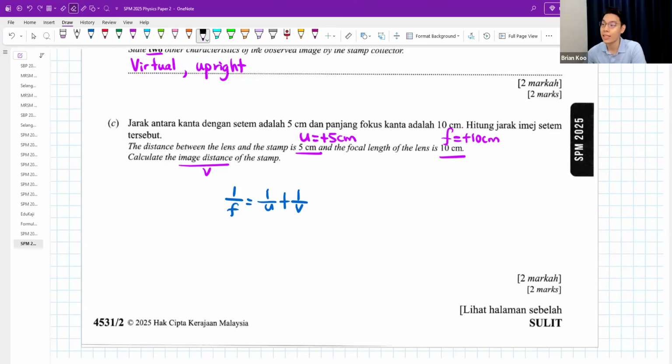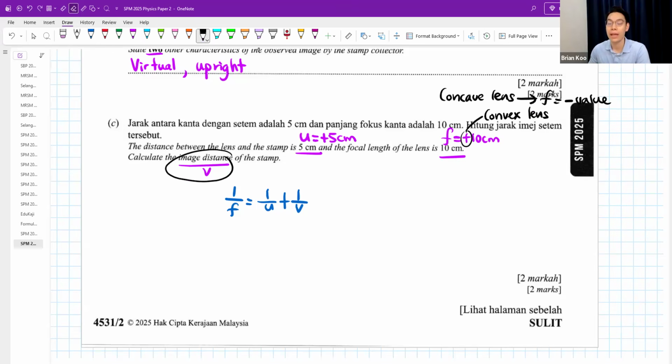If it's a concave lens, then F is a negative value. And then for the image distance, sometimes you need to put a plus or a minus. Image distance will be a positive V value when it is a real image. You will get a negative V value when it's a virtual image.